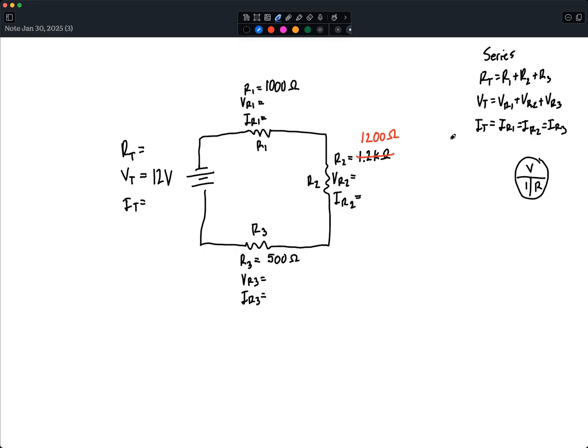So that doesn't help us. But we do have all the resistances: resistance 1, resistance 2, and resistance 3. We know that those add up to the total. So let's do that. 1,000 plus 1,200 plus 500.